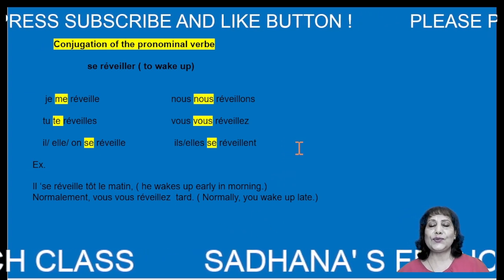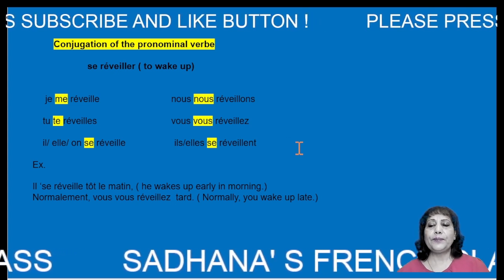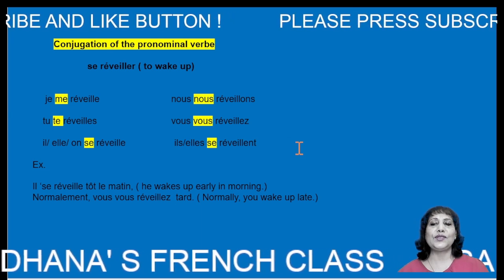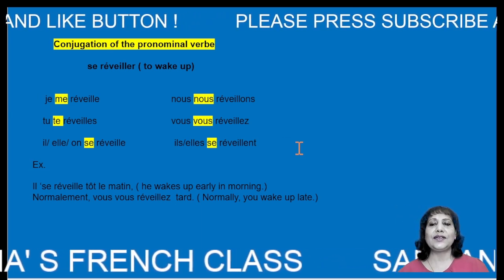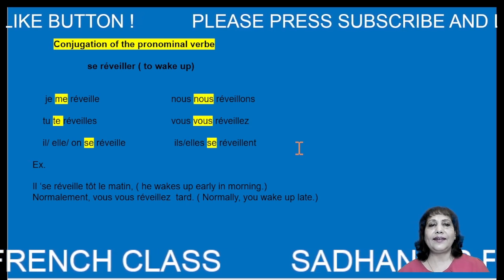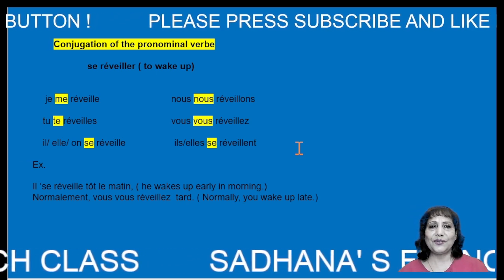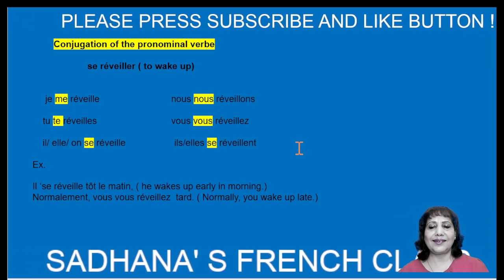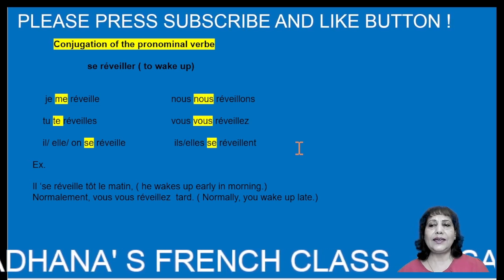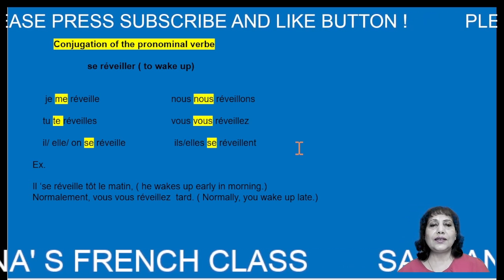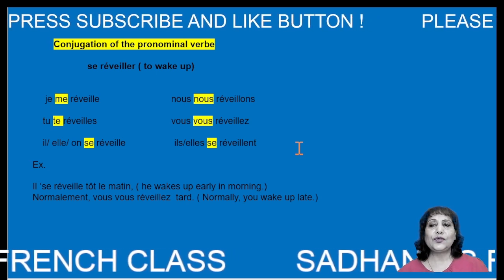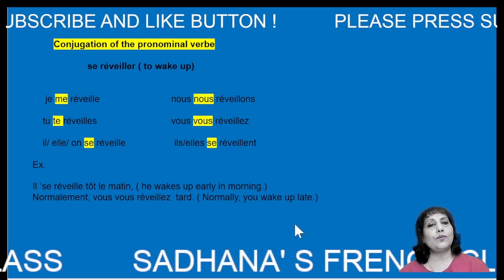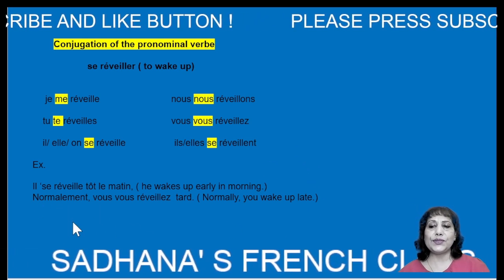And one more thing, students and friends, of course, the pronominal verbs basically are used to describe your daily routine, a typical day, la journée typique. Or you can say la journée particulière. Okay, so a particular day, every day, what you do routinely. So normally or usually, d'habitude or normalement, you can use both these words.